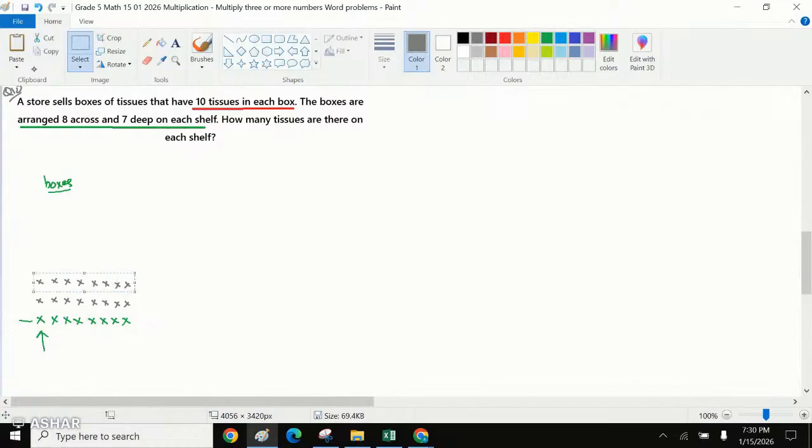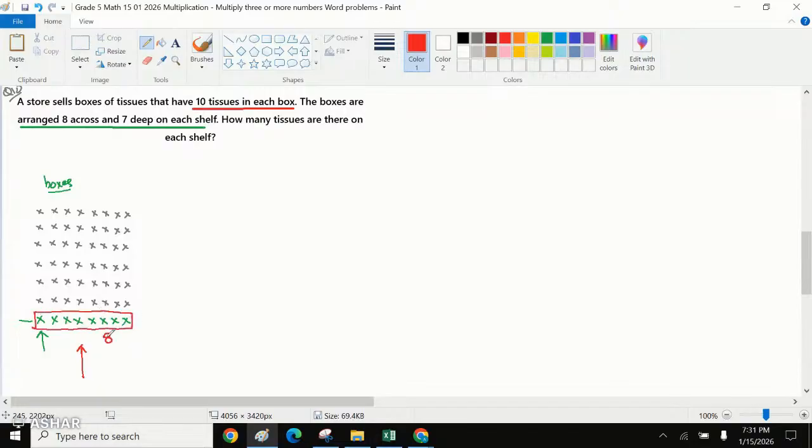This would be 3, this would be 4, this would be 5, 6, and 7, right? So when you are standing over here in the front, what you can see is the arrangement of 8, right? But you also know that there were 7 stacked one after another, right?